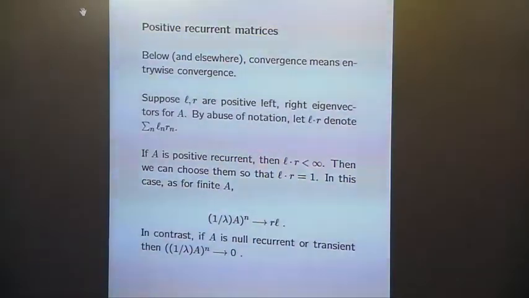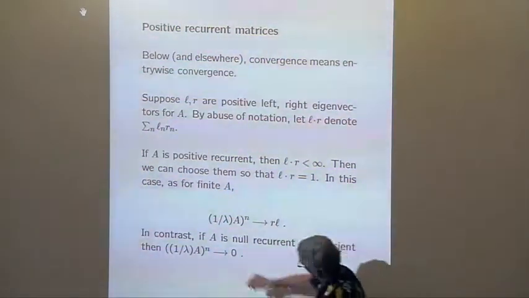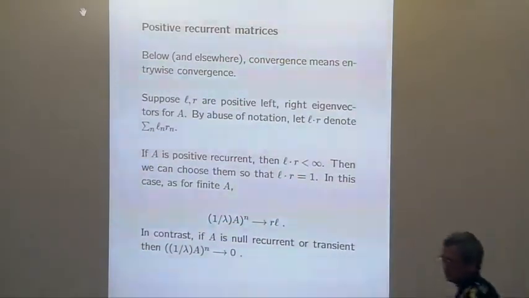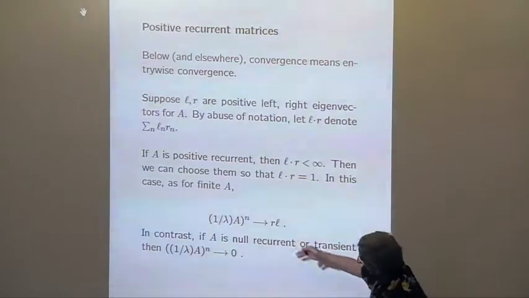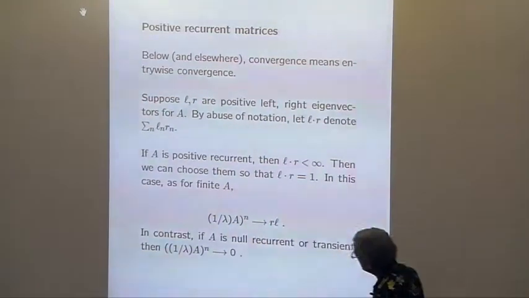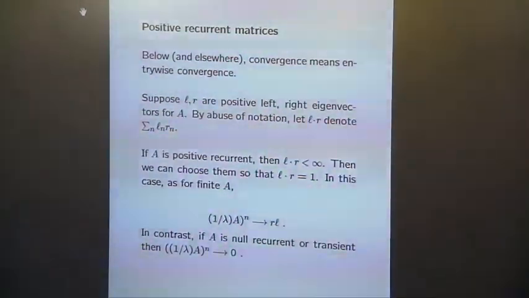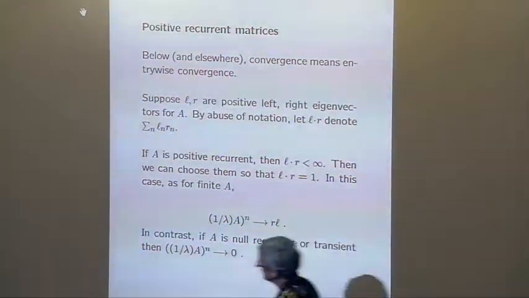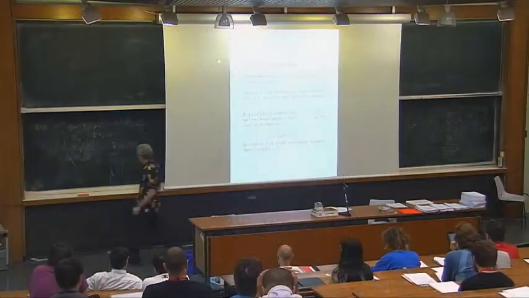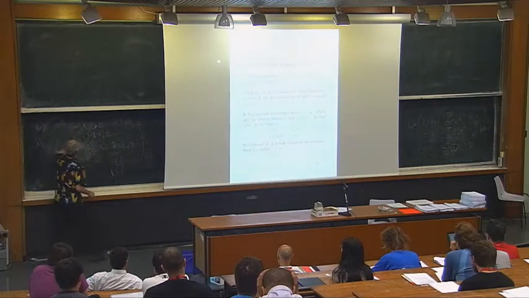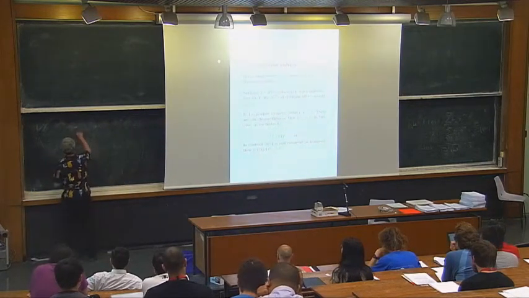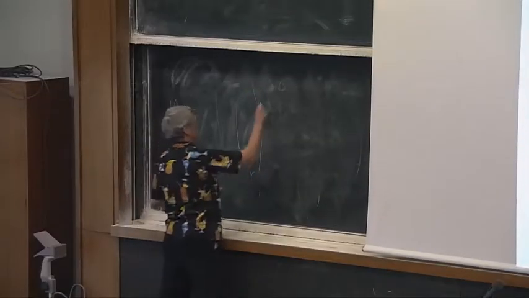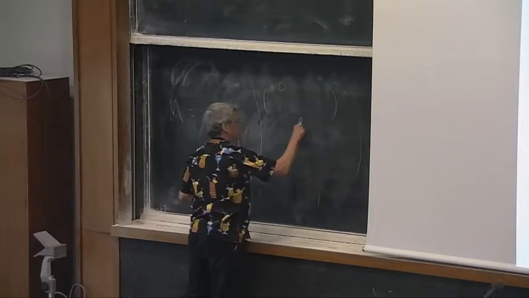And then in that case, just as in the case for finite A, if we take the nth power of 1 over lambda A, it converges to this matrix, which is R times L. R is a column vector, L is a row vector.